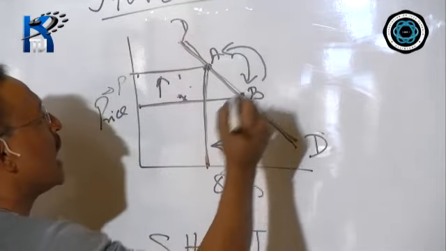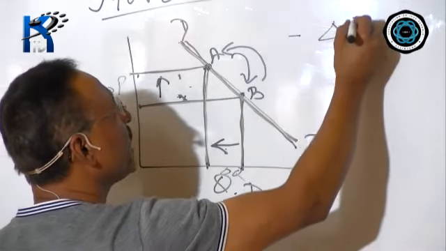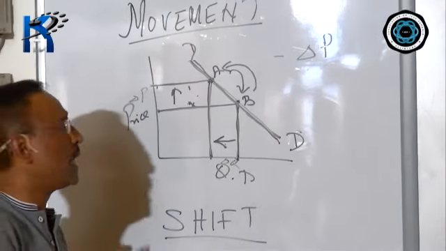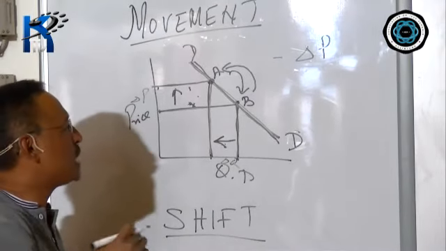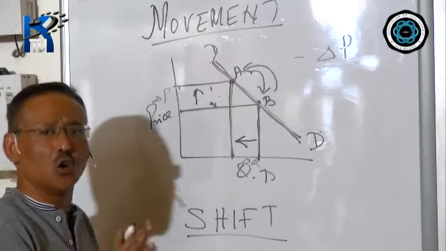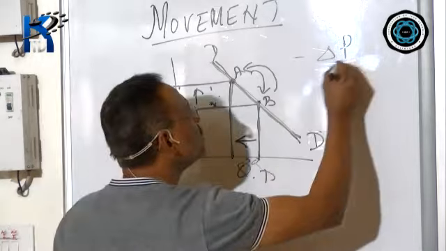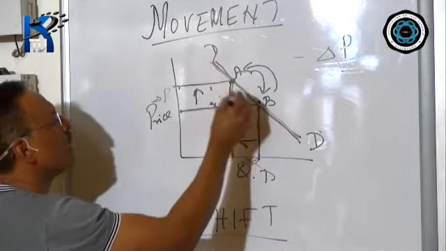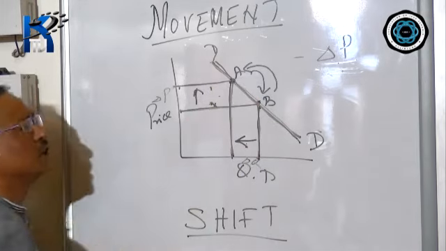So in movement, I will discuss change in the price, but all the other factors remaining constant, like your income does not change, price of the related good do not change, other factors which affect demand do not change, only the price changes.